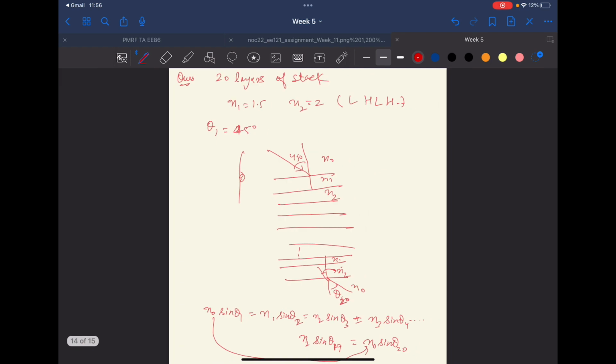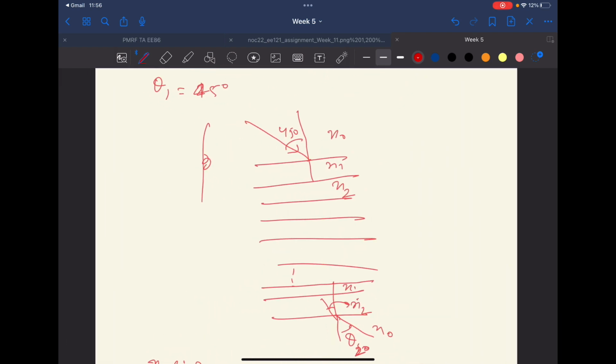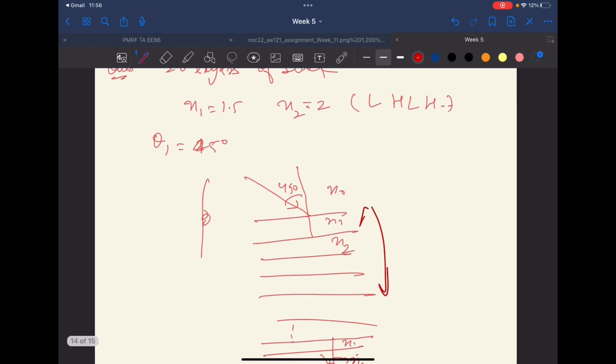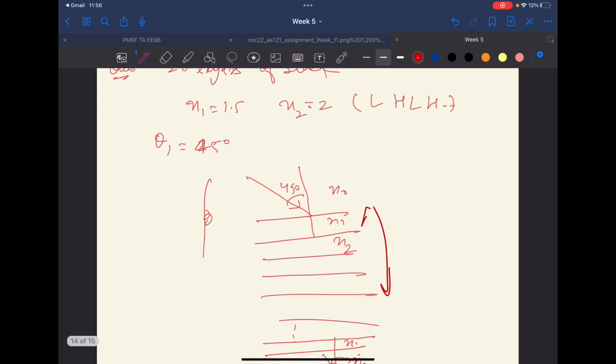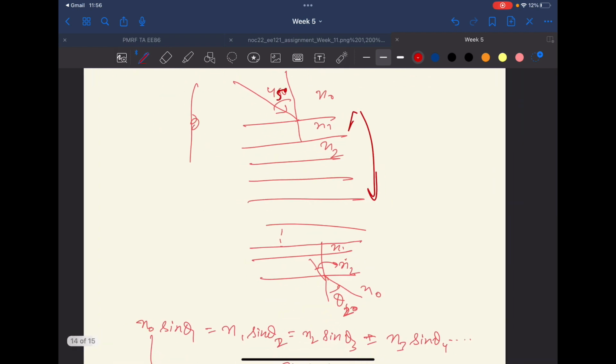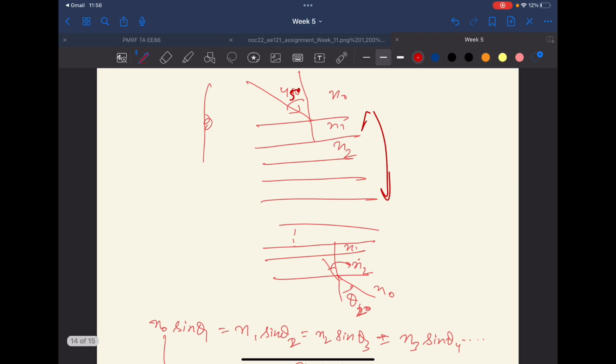Okay. Similarly, question number 10: 20 layers of stacks are given like that: n1, n2, n1, n2. There n1 is 1.5, n2 is 2, and theta is equal to 45 degrees. So what is theta 20?